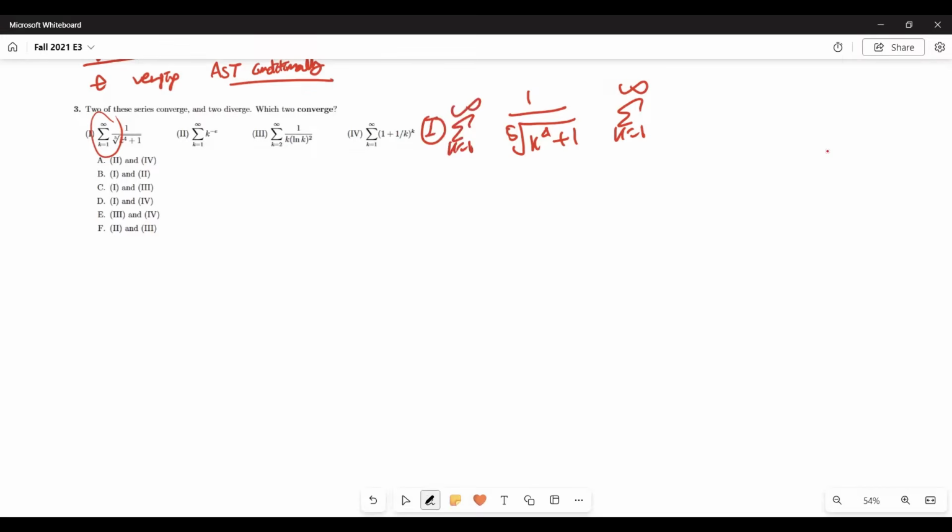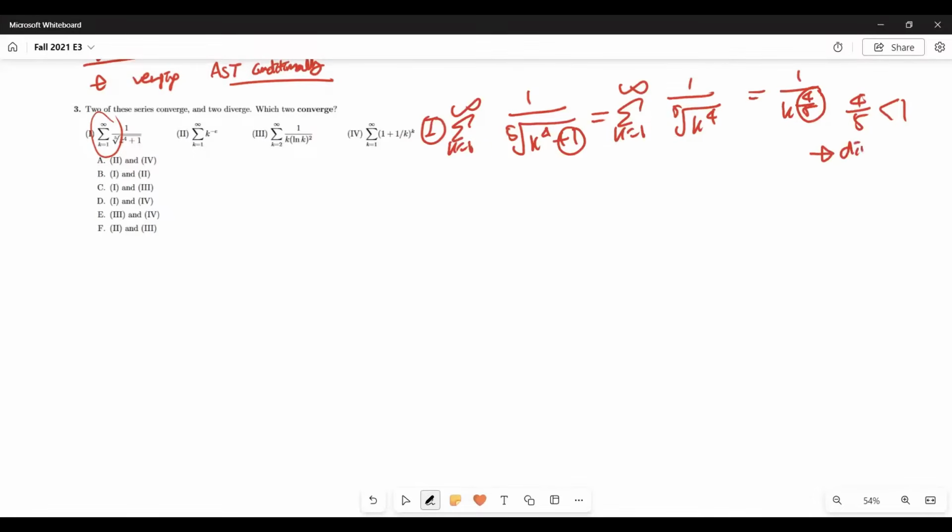So this is basically the same as 1 over the 5th root of k to the 4th power, because as k goes to infinity, this plus 1 will be so insignificantly small that it doesn't matter. So this is just 1 over the 5th root of k to the 4th. So this is the same as 1 over k to the 4 over 5. Since 4 over 5 is not greater than 1, which is less than 1, right?